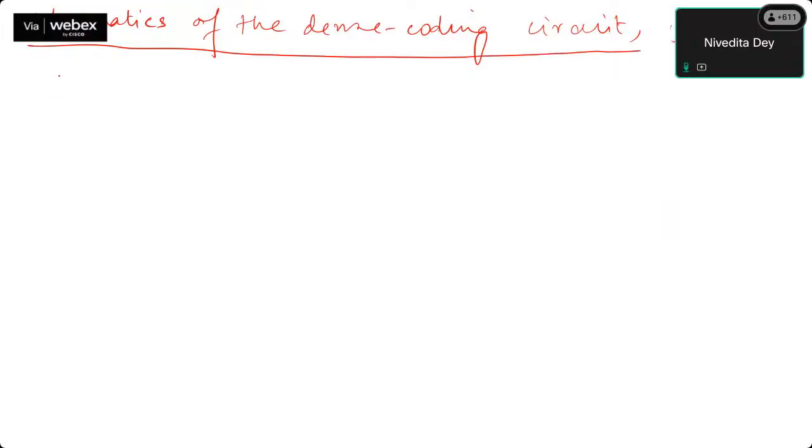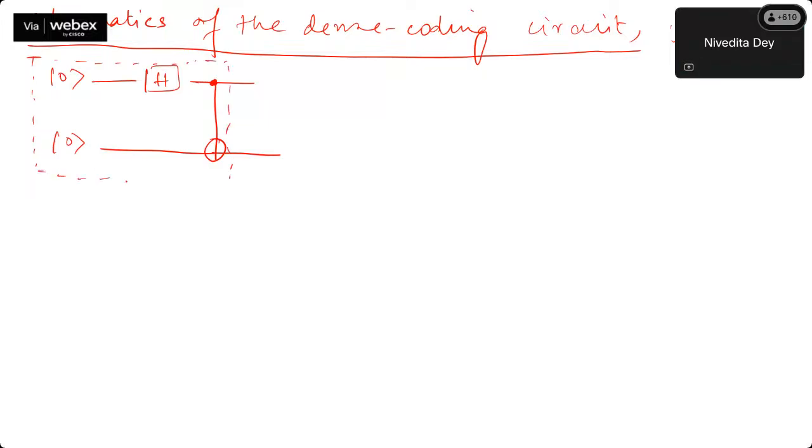So this is 0, then it's Hadamard, another 0, and this is the control NOT, and this is the Bell state creation. By now you should know, you have seen this sub-circuit already. So this is the Bell state generation.